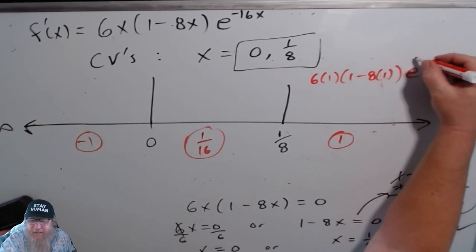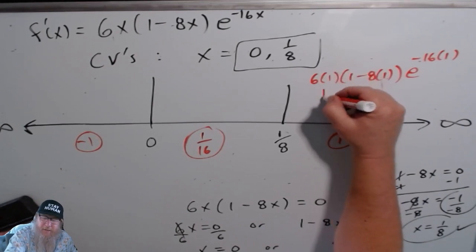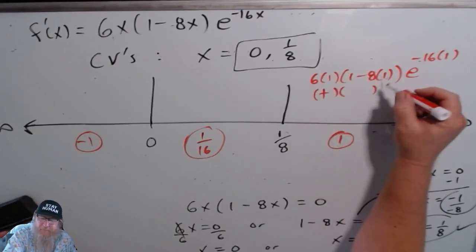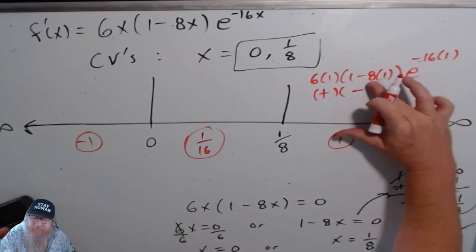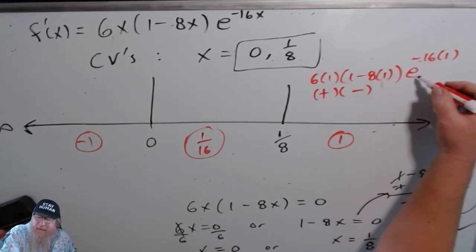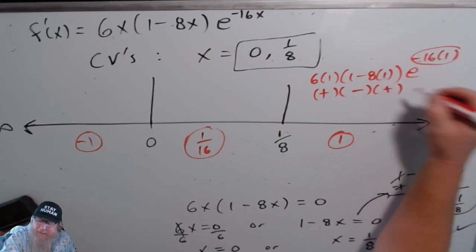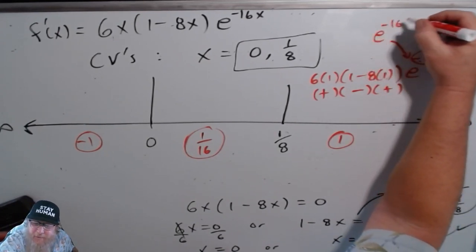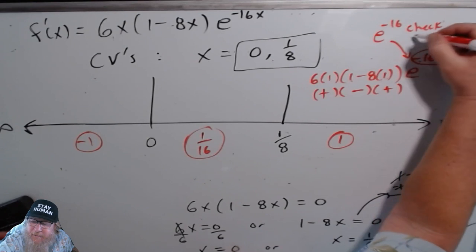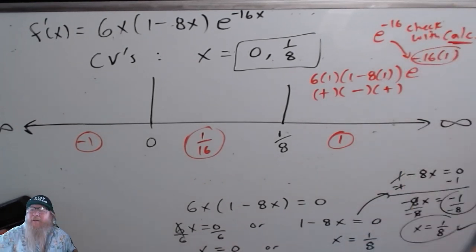Then e to the -16 times 1. 6 times 1 is a positive number. 1 minus 8 is a negative number. e to the -16 is still a positive number. If you're not sure, use the calculator, if you don't believe me.